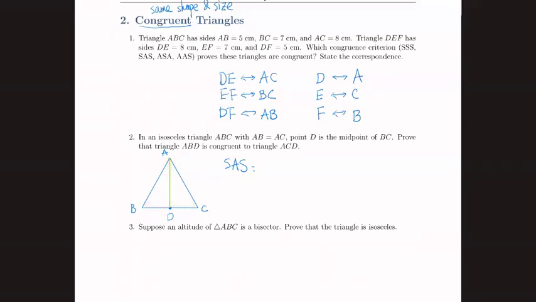Because since D is the midpoint of BC, that means BD and DC are equal. Uh-huh. And then AD is just equal to itself. Uh-huh. And then, okay, still missing.